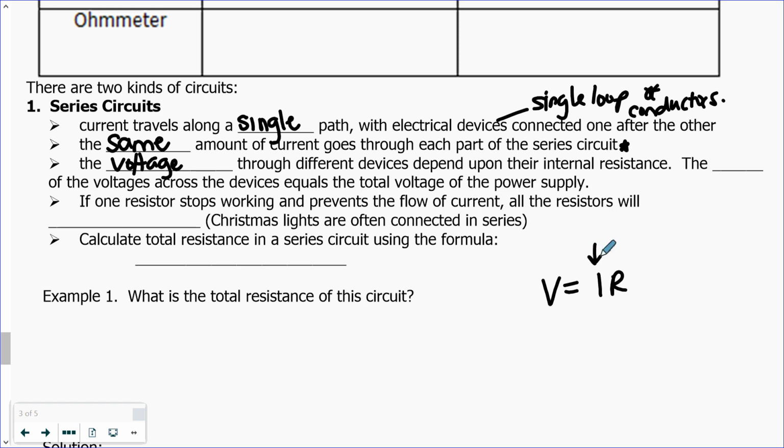Looking at the relationship between current, resistance, and voltage, I'd be looking for voltage. If I know my current, I don't need to rearrange this. If I know my current and the resistance of whatever resistor is hooked up in series there, I can calculate the voltage. So if current is staying the same, the voltage is based only on the resistance of whatever the current is passing through.